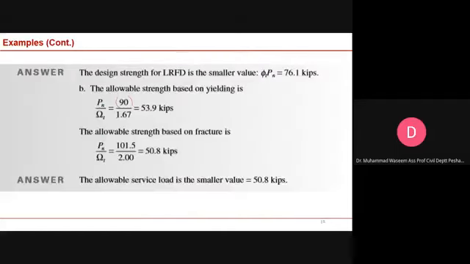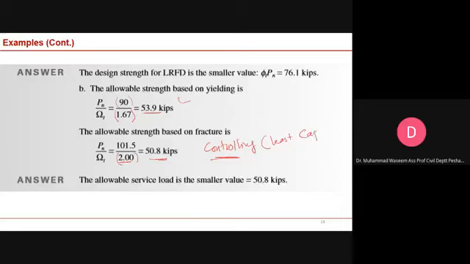What you are going to do is divide this nominal capacity by 2 factors of safety in order to get the yielding strength or the excessive deformation strength, and for fracture strength you have to divide by 2. So this is the least of these two, so this is controlling. The fracture is controlling. Controlling means this capacity will reach first, then this one. Okay, so you have to use the least capacity.